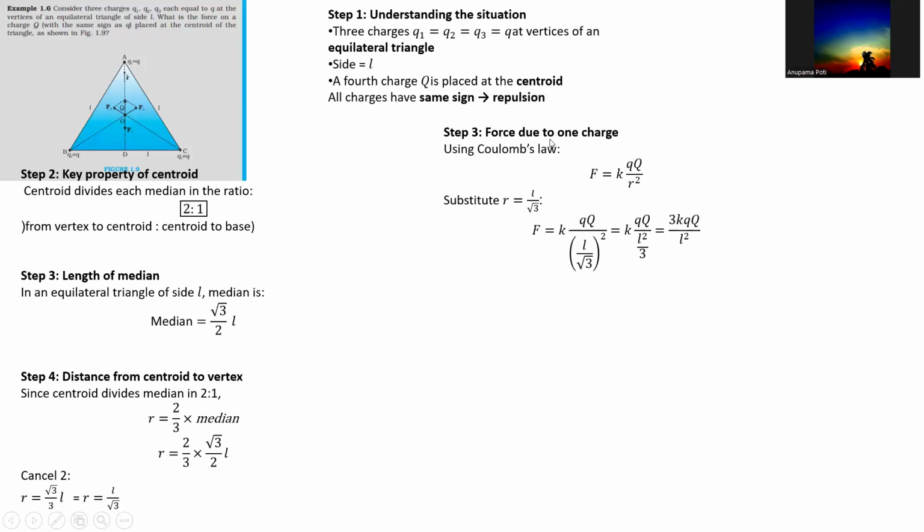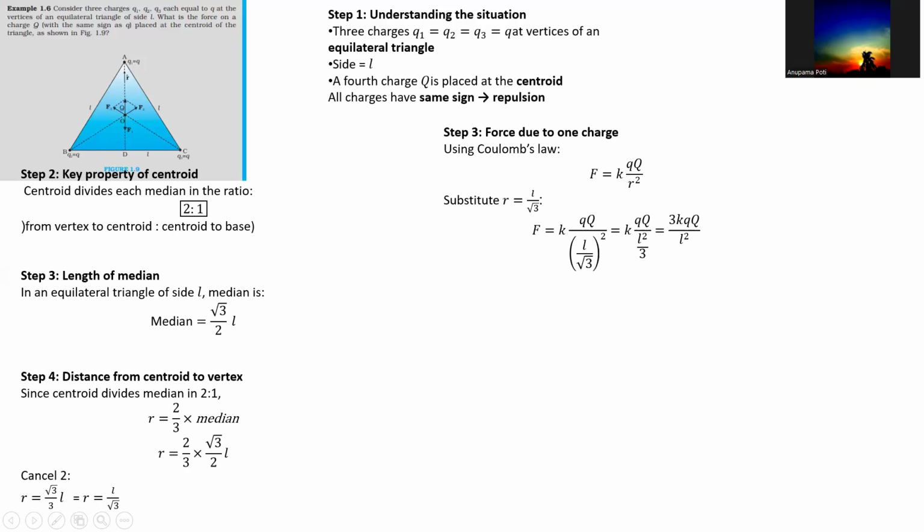Now, the force due to one charge using Coulomb's law. The selected point is O. I will take any one charge, say Q1. What is the force here? Q1 into Q, the product of charges, and the separation equals R, which we found as L by root 3.